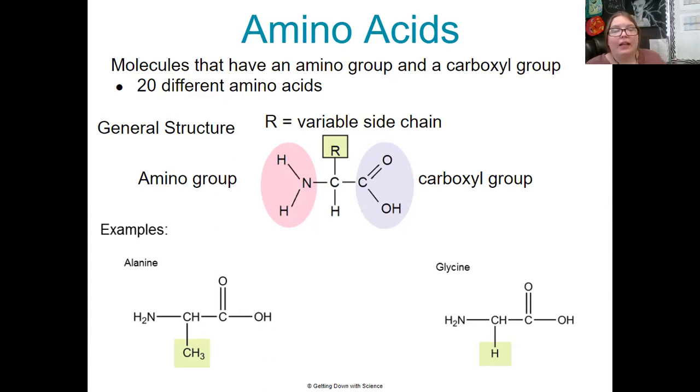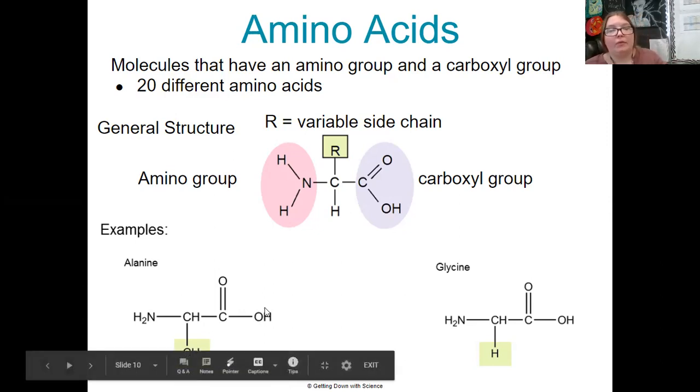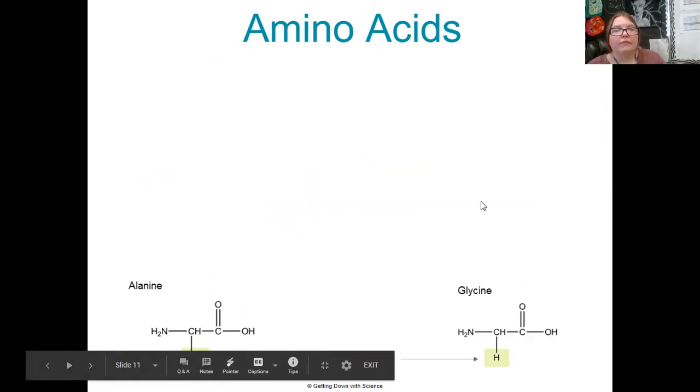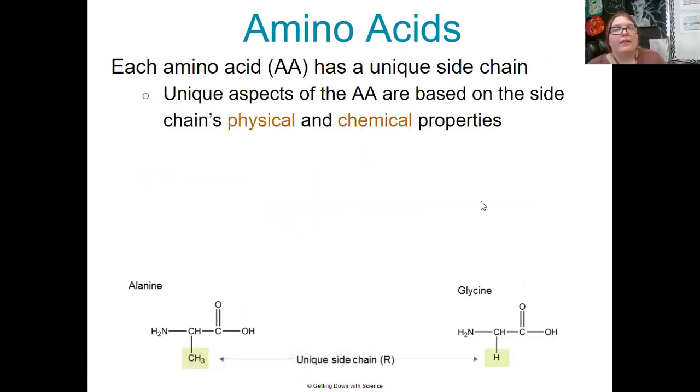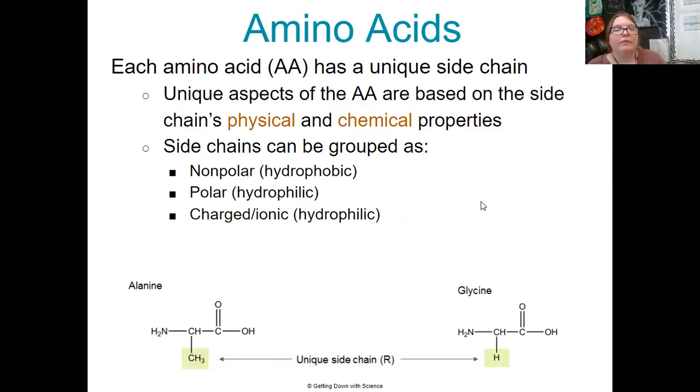They color coded it, the little tan box, that's your side chain. In alanine it's a CH3 right there, but in glycine it's just an H, that's the difference. It's going to affect some stuff. Each amino acid has a unique side chain.